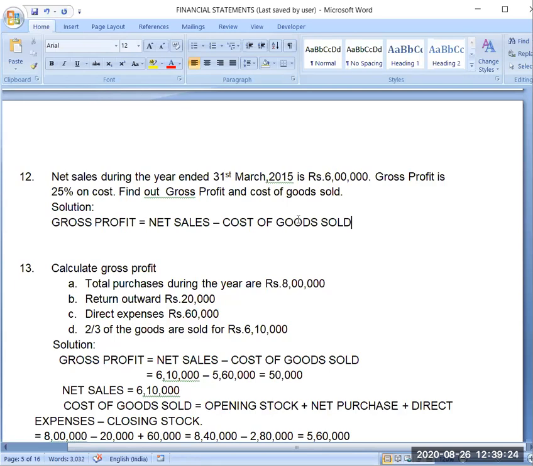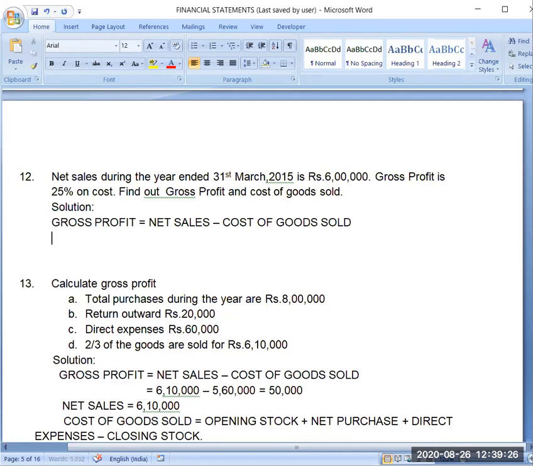It is not possible. So the other equation which is given is gross profit is equal to 25% of cost. Cost means cost of goods sold. So gross profit is 25% of cost of goods sold.